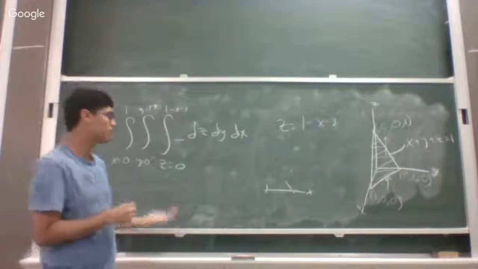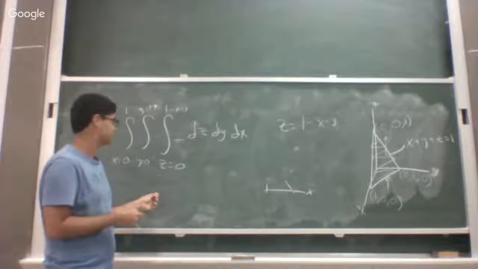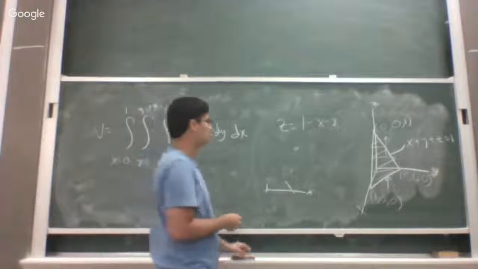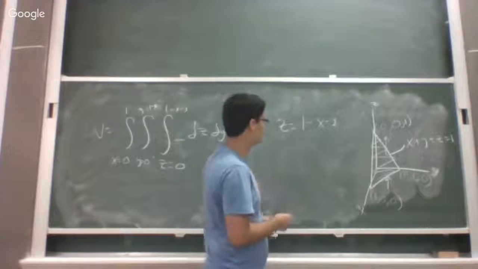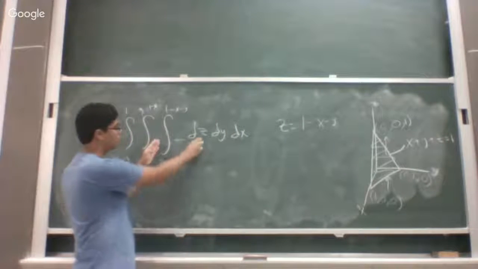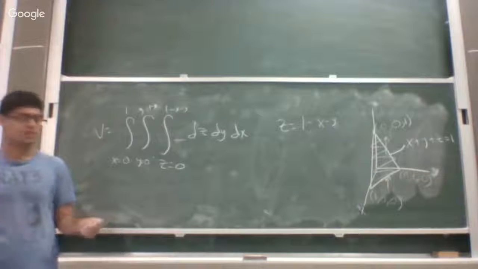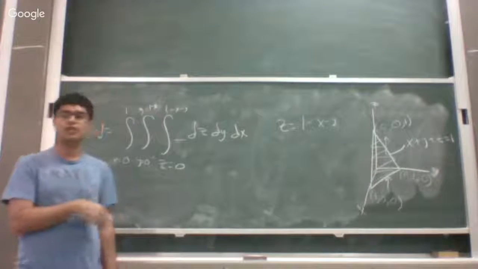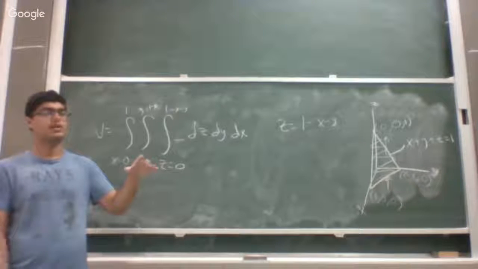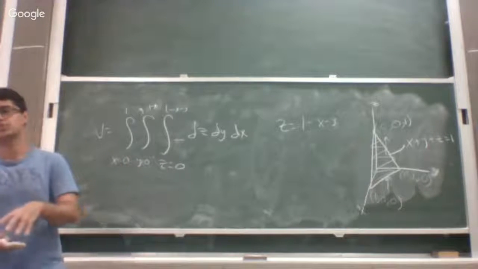And do you guys want me to solve this out? No. Well, why don't you have a function? Because our function, we're trying to find the volume, right? We don't need a function. Volume is the integral of dz, which is z. The reason we had a function before was because we wanted the xy plane of that function.